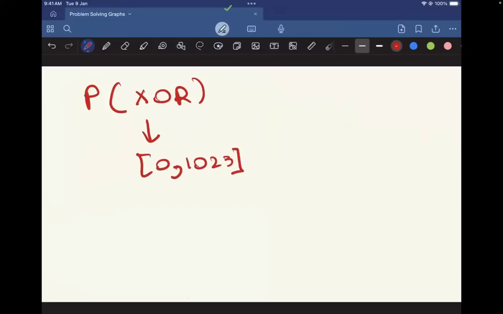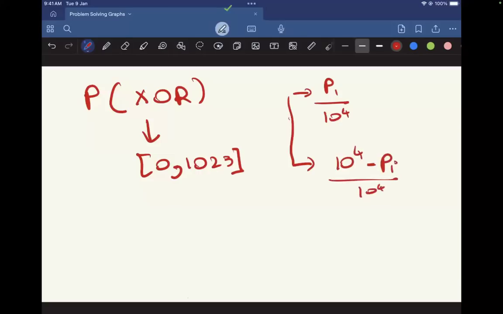Okay. Now, guys, for each element, we know the probability of it getting selected, and we know its probability of not getting selected. All right. Do you agree this is just two choices, take or not take? Yes or no?